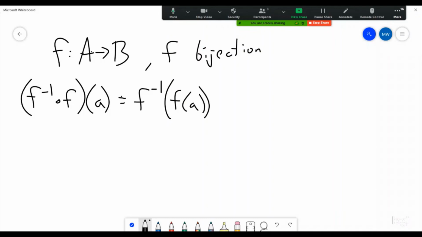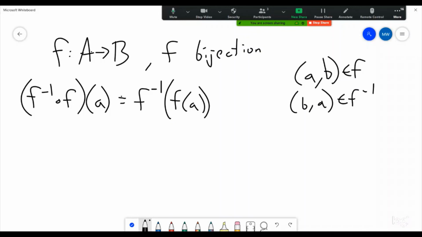Well, f of a is equal to some element in the codomain, but then f inverse, so if we have the pair a comma b is in f, then that means that b comma a is in f inverse. So it's in the inverse relation, which in this case is an inverse function. So that means that we are dealing with f inverse of b, which is equal to a.